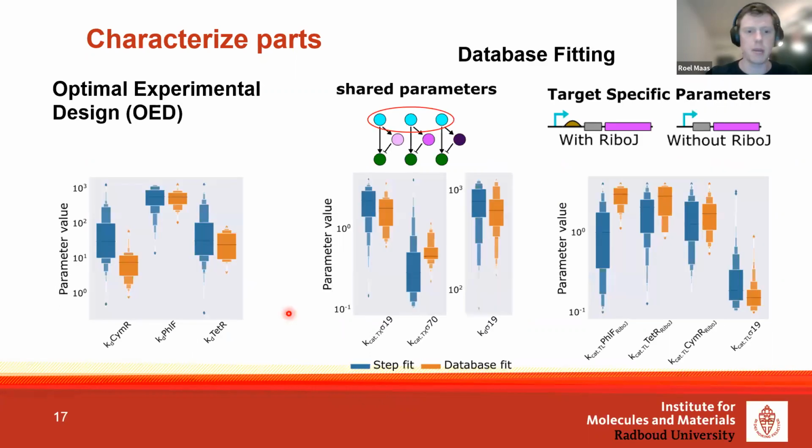So to zoom in a little bit on this, to look at the actual parameter distributions for some examples, we show here the parameter distributions for the dissociation constants for different repressors. So we see that for all of them, we see a very large improvement on the distribution. And we think this is because of the optimal experimental design, because what we're doing here, we're constantly changing the repressor DNA concentration, which means that the system continuously has to respond to differences in the repressor concentration.